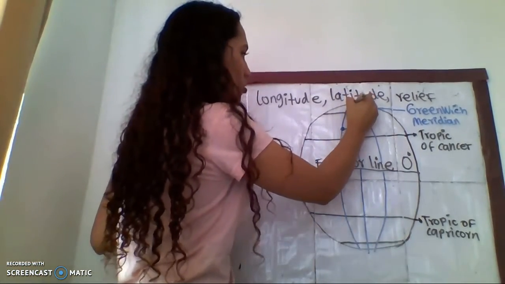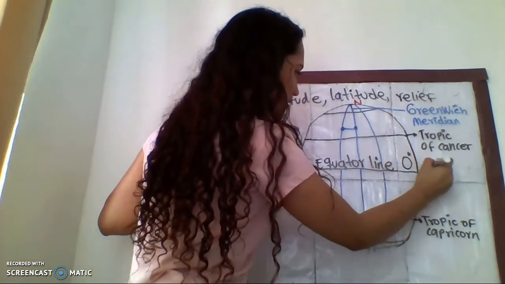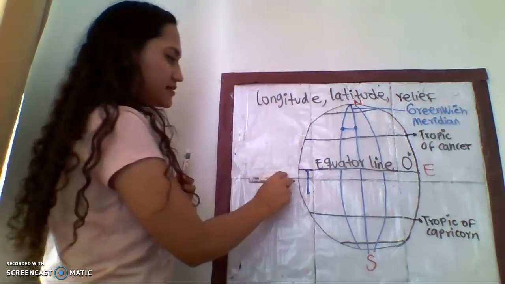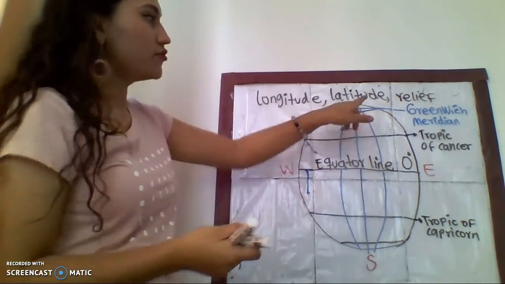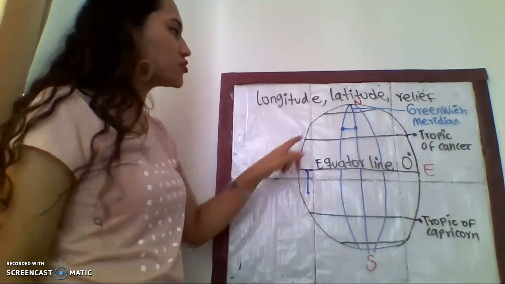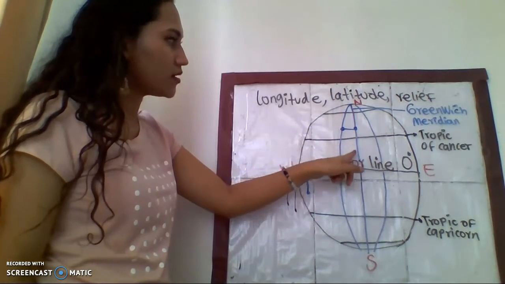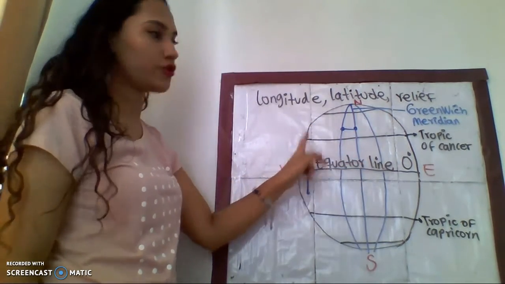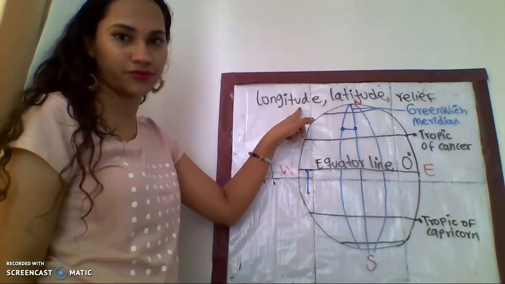This is north, east, south, and west. So the distance from any point here in the Greenwich Meridian to west or to east is the longitude.